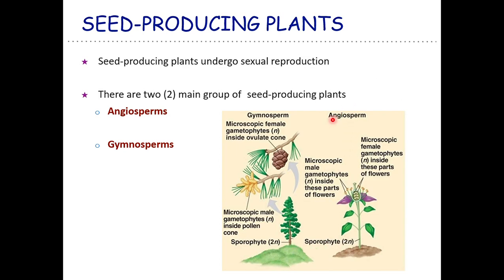And then in angiosperms, the microscopic female gametophyte is inside this part called the ovule, and the microscopic male gametophyte is inside this part called the anther, which form the sporophyte, 2N.